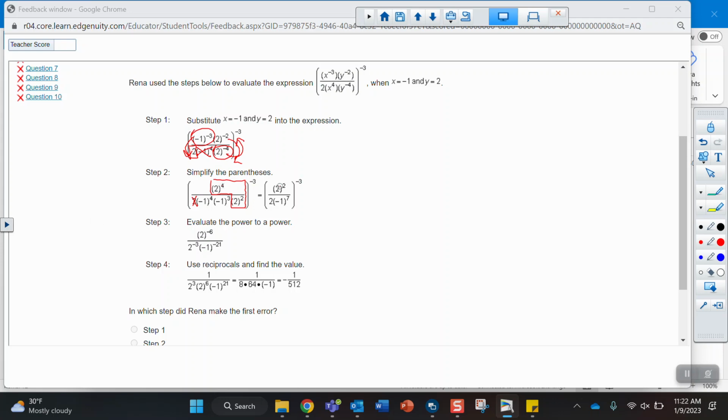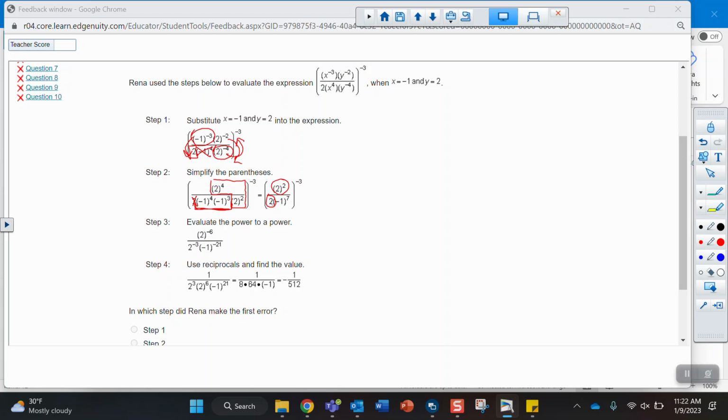So 4 minus 2 is 2. So that's where this 2 to the second came from. And then here we have negative 1 to the 4th and negative 1 to the 3rd. When we're multiplying like bases, we add exponents. 4 plus 3 is 7.